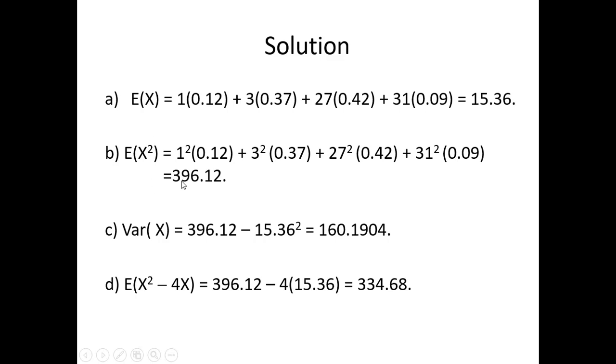So E of x squared is 396.12, and then just minus 4 times E of x. So minus 4 times 15.36. And if we just simply multiply this out, do the subtraction, we get 334.68.